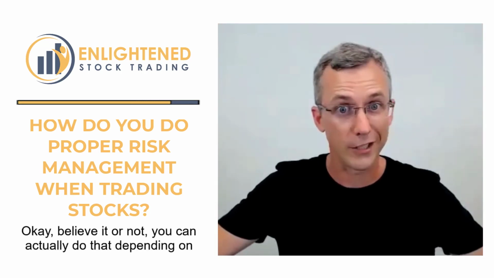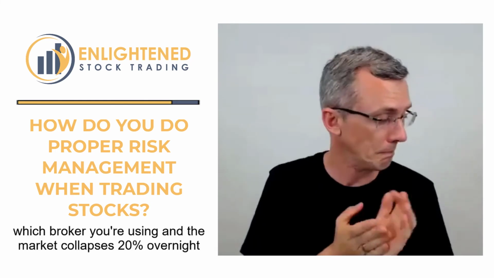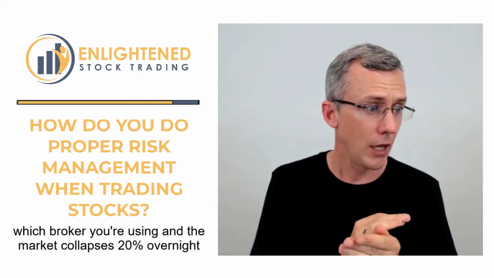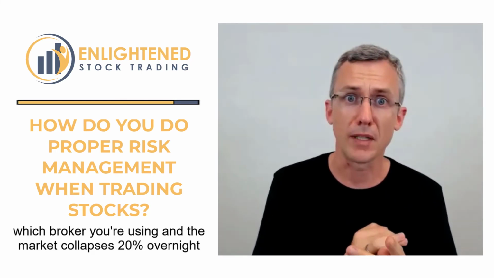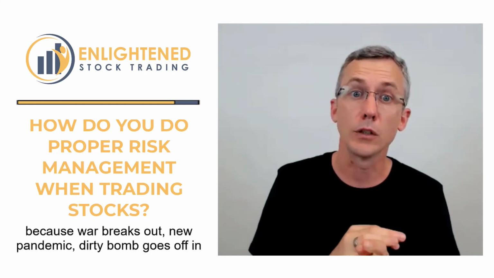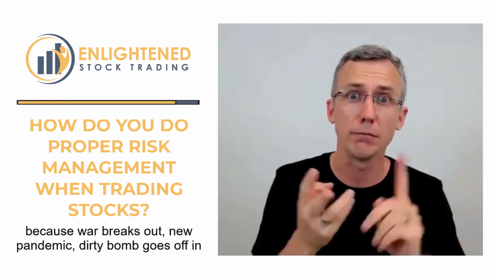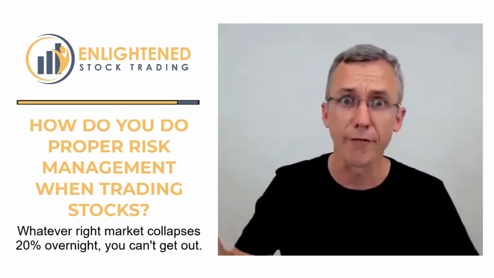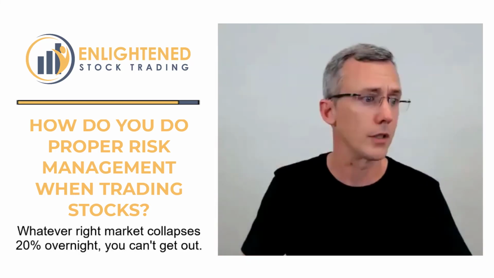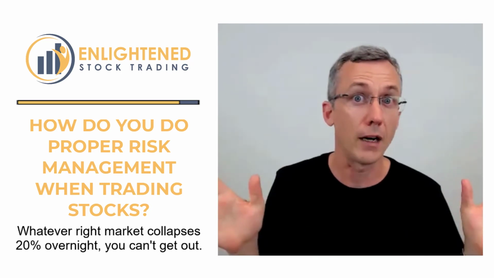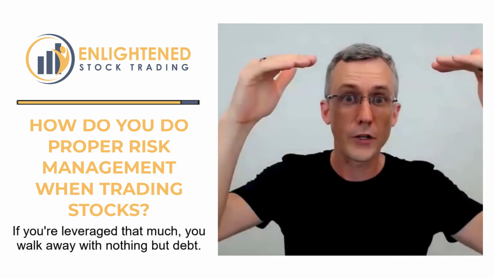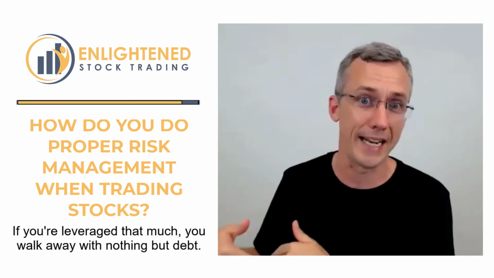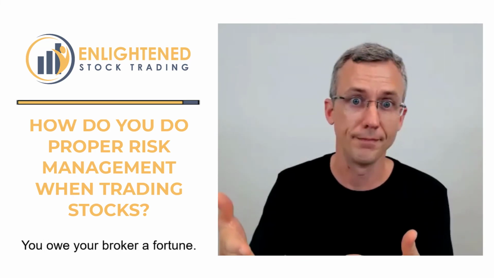Believe it or not, you can actually do that depending on which broker you're using. And the market collapses 20% overnight because war breaks out, a new pandemic, a dirty bomb goes off in New York, whatever. You can't get out. If you're leveraged that much, you walk away with nothing but debt. You owe your broker a fortune.